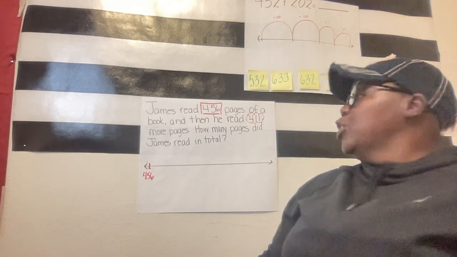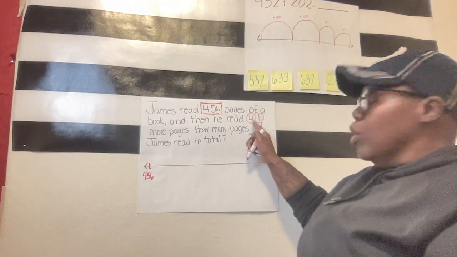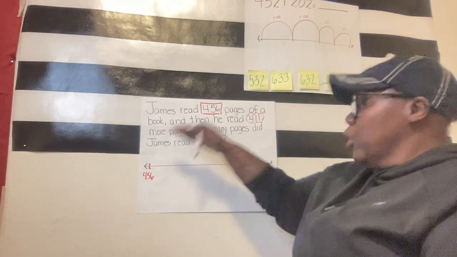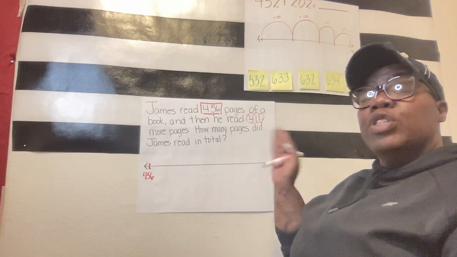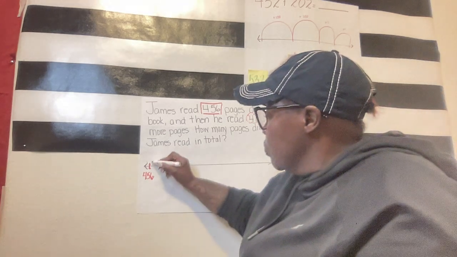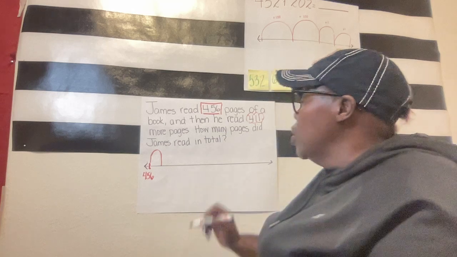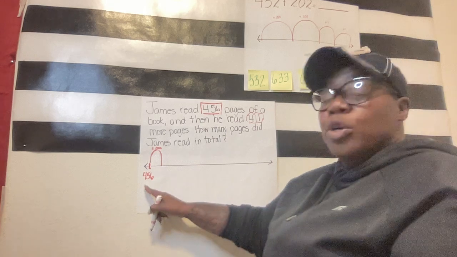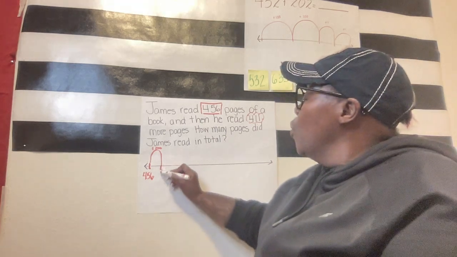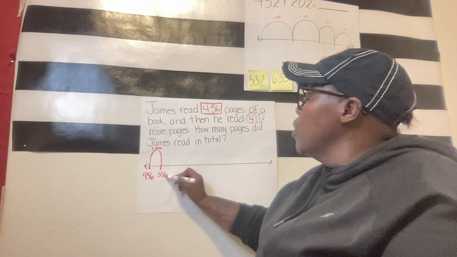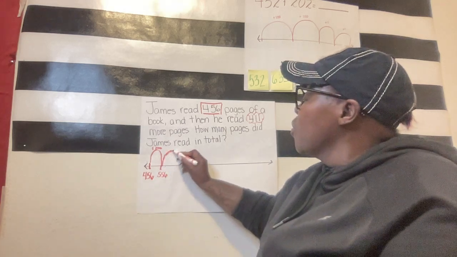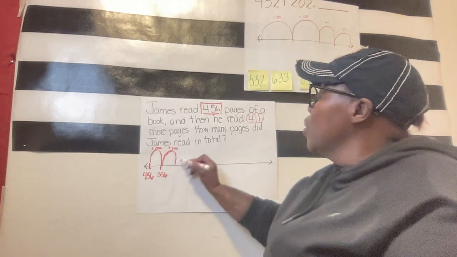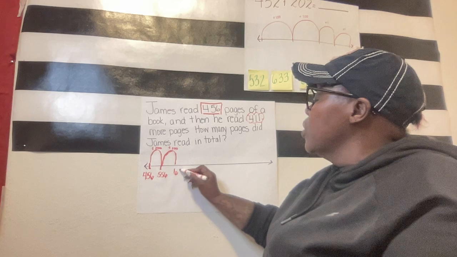Now, because you have 4 in the hundreds place for 411, you will have to have four 100 jumps. Okay? And remember, you label each jump. So this is your first 100. So 100 plus 456 will give you 556. 100 plus 556 will give you 656.